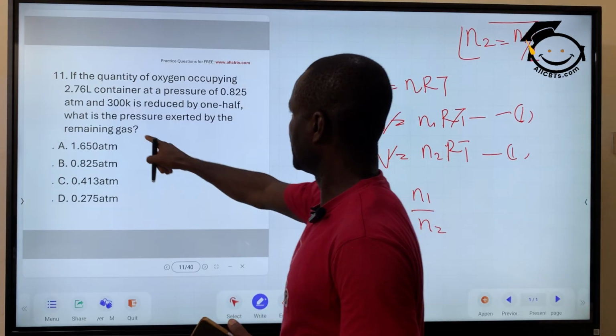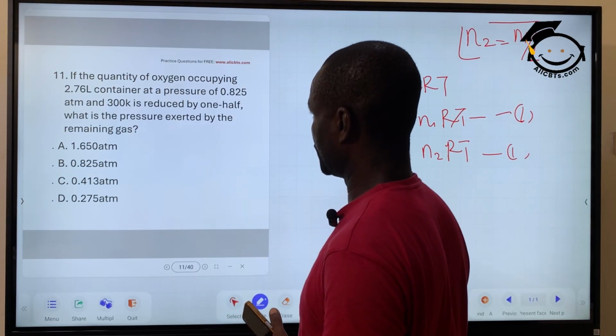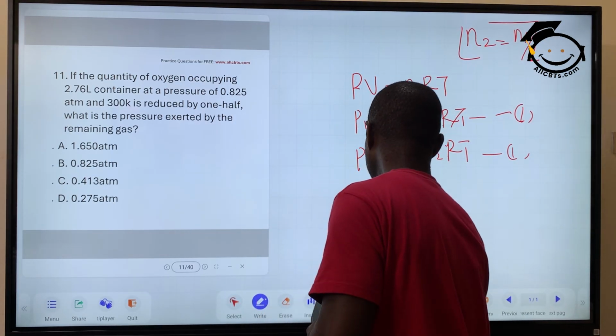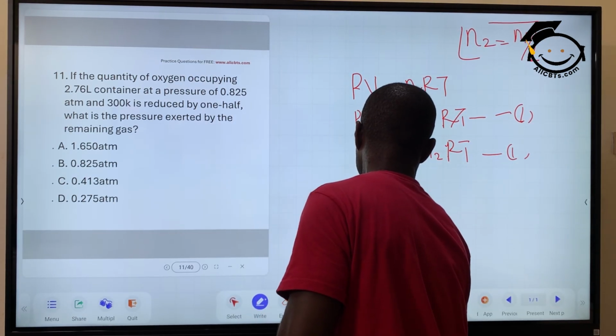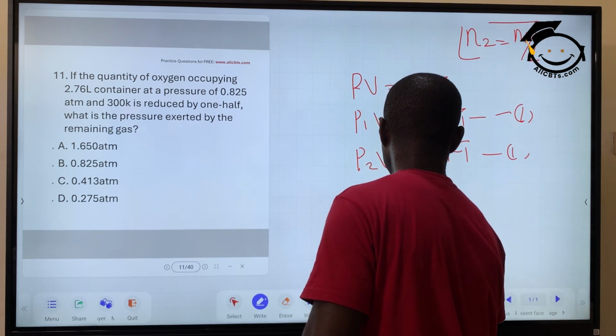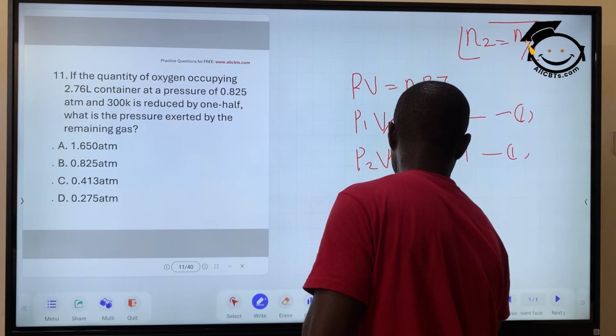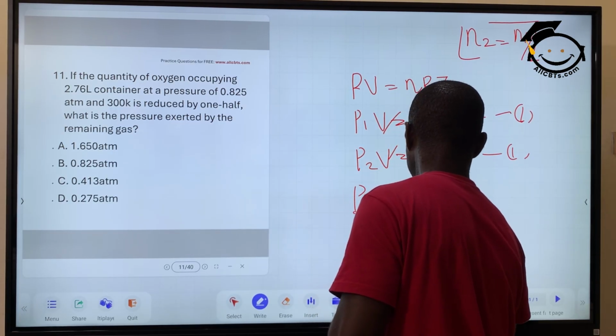For the next change in pressure, what is the pressure exerted by the remaining gas? That is P2 equals, cross multiply, P1 times N2 over N1.